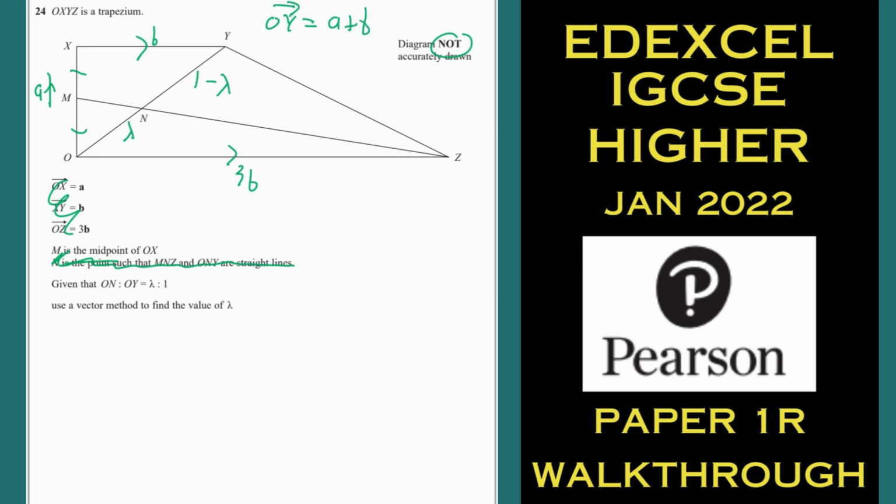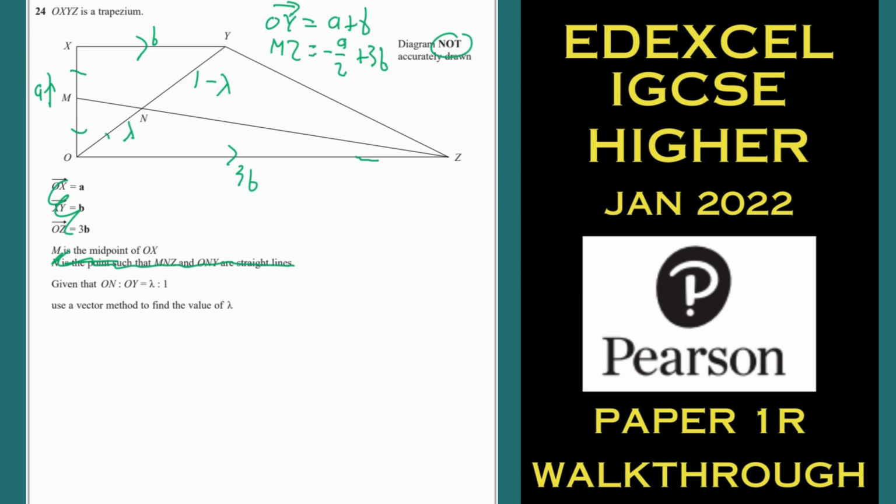Let's also think about how we get, because always look at lines, you could think about Y to Z, but I'm going to go for M to Z. So to go from M to Z, it's negative a half A plus 3B. So we've got that line, we've got that line.